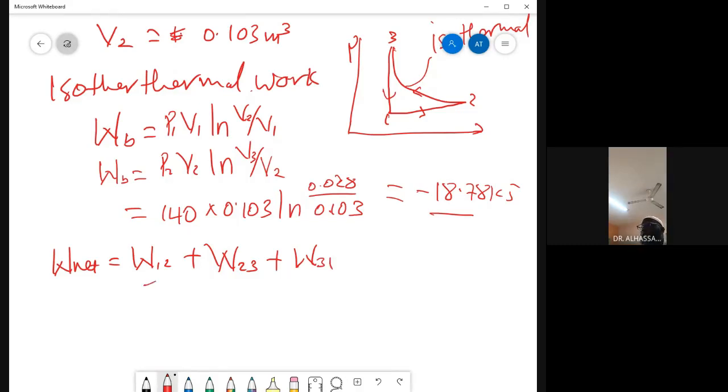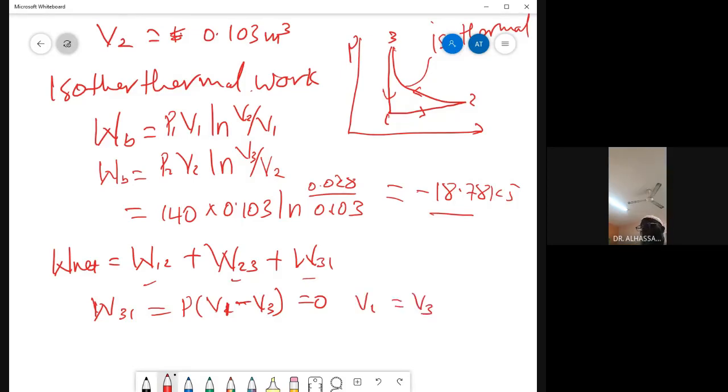We know W12 already, and W23 is calculated. Now I want to determine W31. This is a constant volume process, and for all constant volume processes, the PdV work, V1 minus V3, will be equal to 0 because V1 is the same as V3.